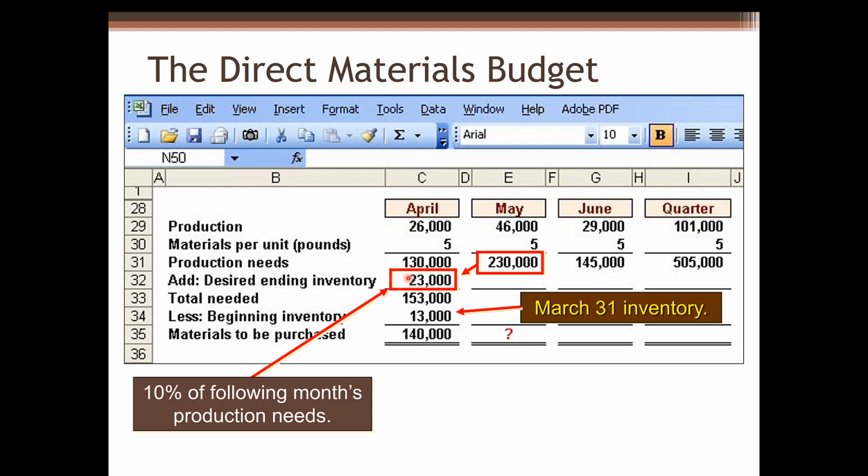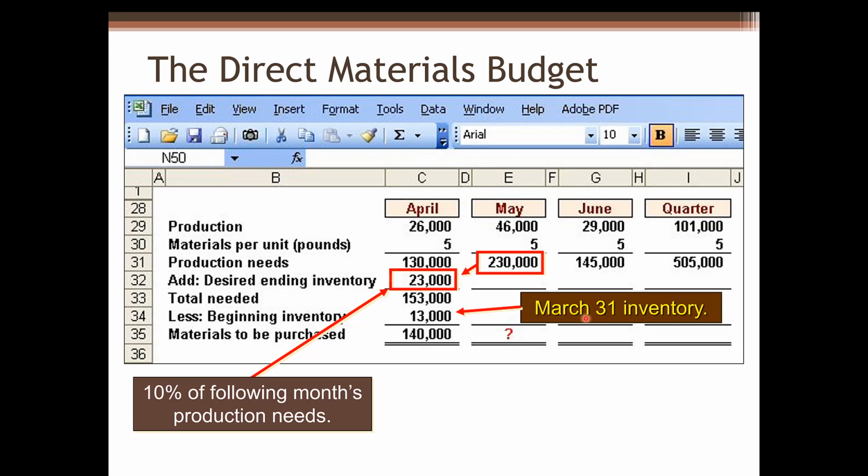We add it to the production needs for April and get 153,000. This is the total materials needed for April, minus beginning inventory. Beginning inventory in April is the ending balance in March.